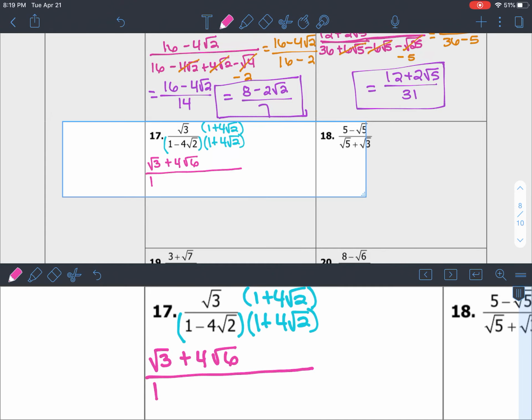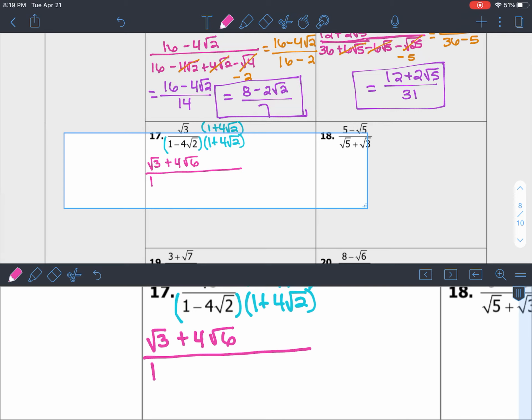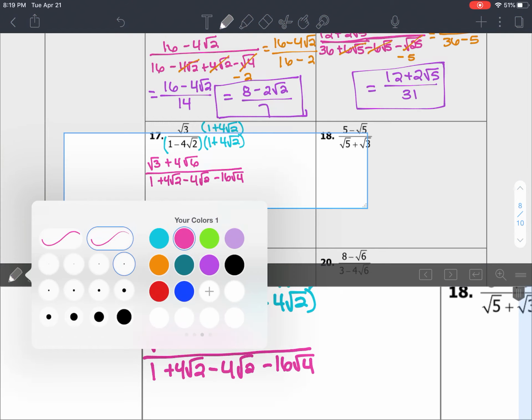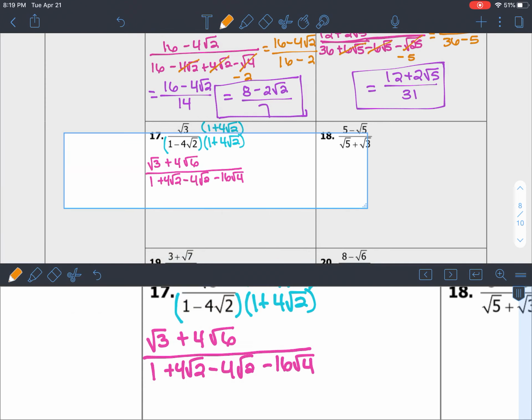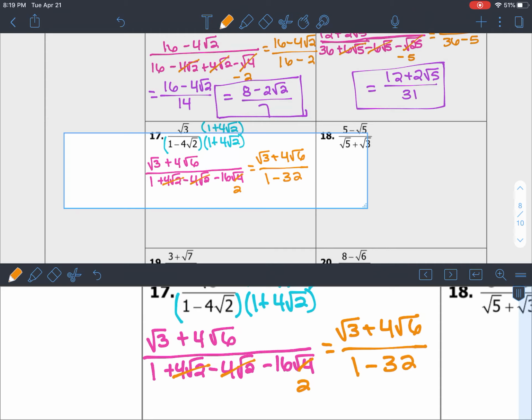And on bottom, we're going to have 1 plus 4 the square root of 2 minus 4 the square root of 2 minus 16 the square root of 4. Simplify a few things. And we get the square root of 3 plus 4 the square root of 6 all over 1 minus 32.